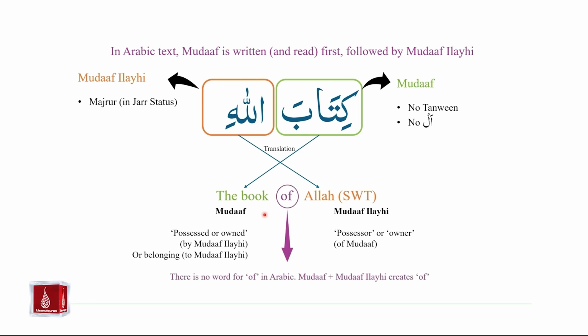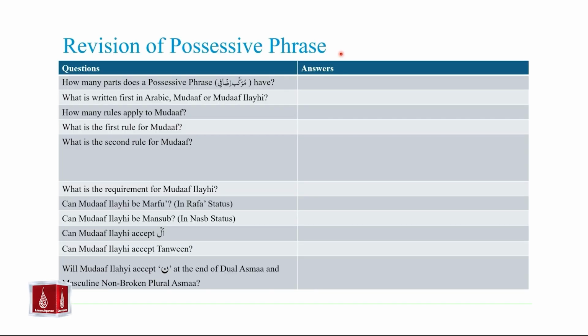Please note that there is no word for of in Arabic language. The combination of mudaf and mudaf ilay will create this of, and it will link the mudaf to mudaf ilay and form the relationship.